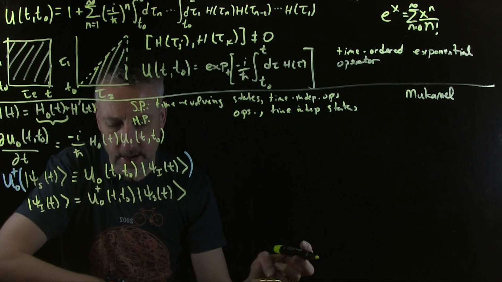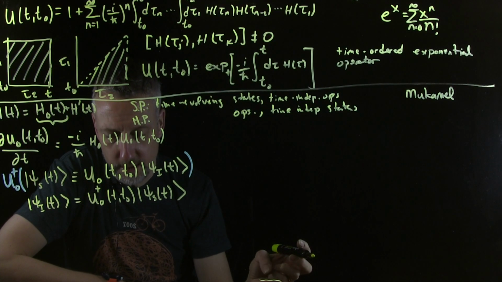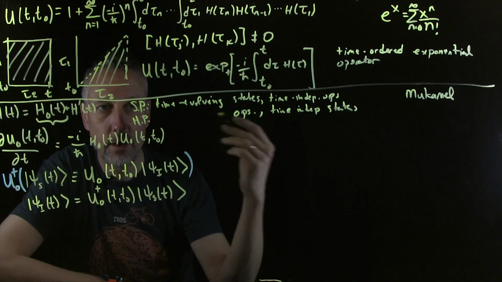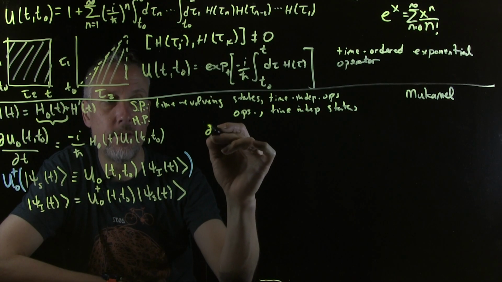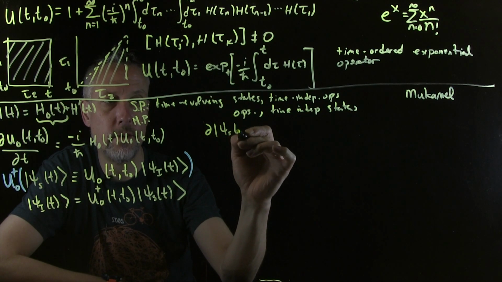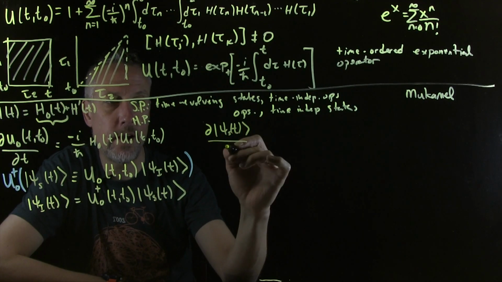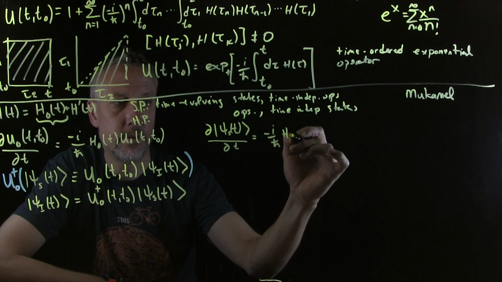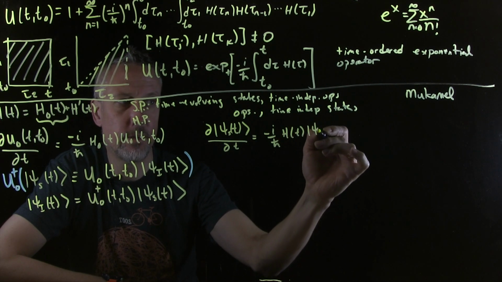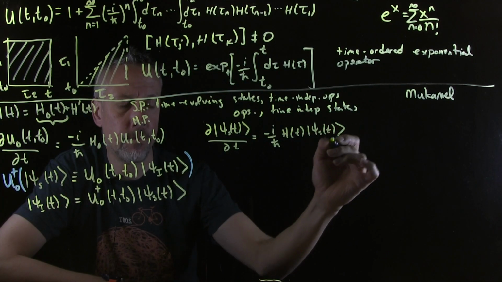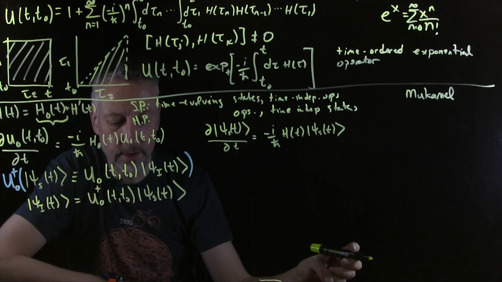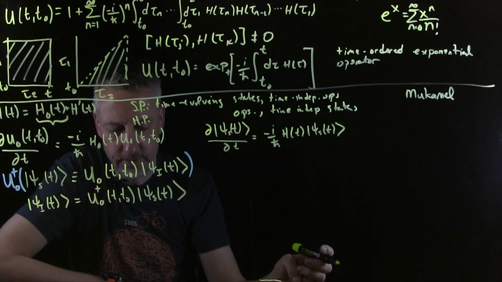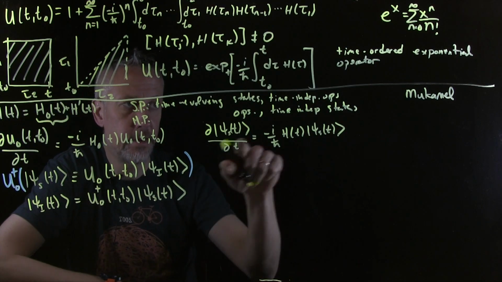All right, and so now we're going to take the standard Schrodinger picture, the Schrodinger equation. So we'll have psi S. The time derivative of that, of course, is minus I over H bar, H of T psi S. Okay, and we're going to substitute in this other way of writing things into here.